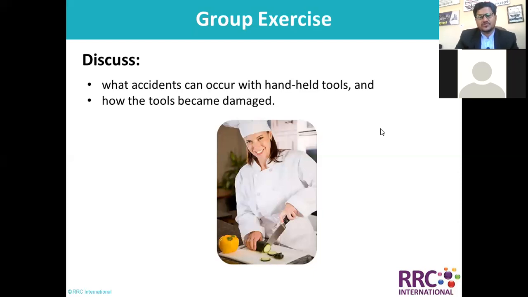Or if they're not used for the intended purpose, or if you are using them with more speed, which is human nature, to do things as quickly as possible, that means a kind of shortcut.